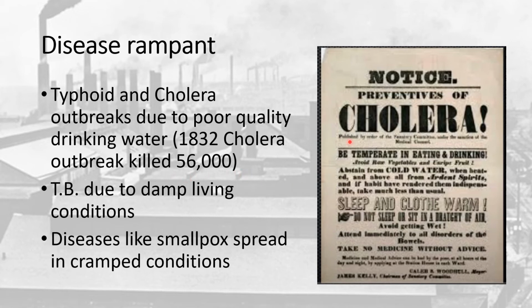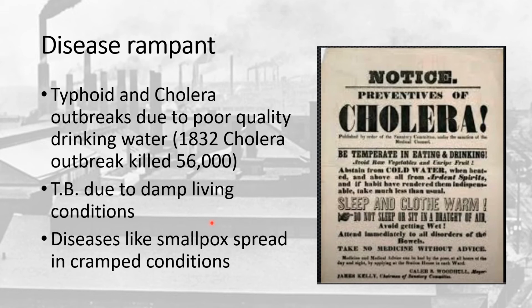Okay, so we see here what the notices would have looked like back then, and they would have told people to make sure to be using clean water when drinking and to be washing their food. Now, another one was TB or tuberculosis due to damp living conditions, and also diseases such as smallpox spread in these cramped conditions.